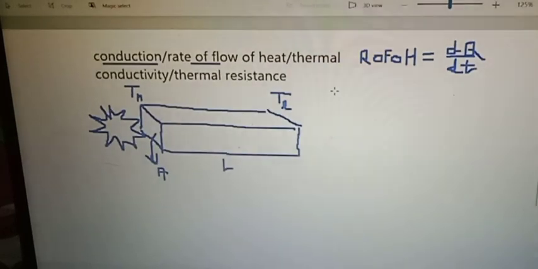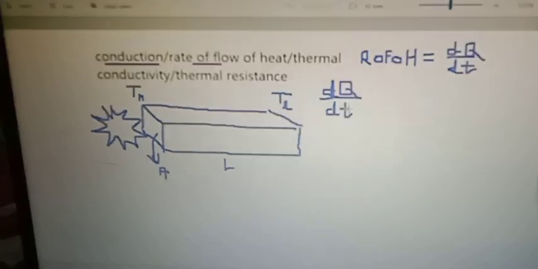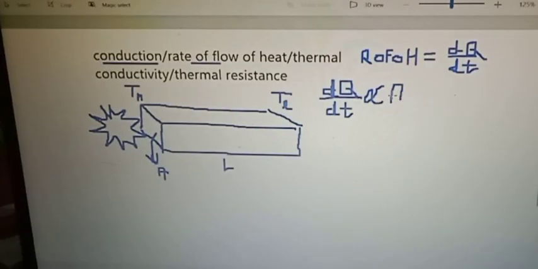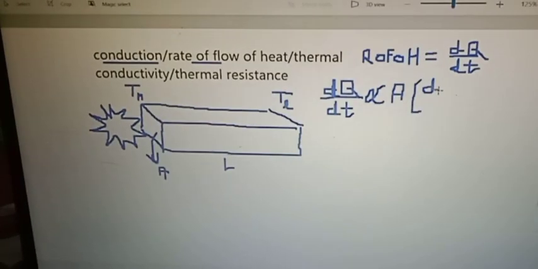And area of cross section of the bar is A. So across this area of cross section, heat energy will flow, and this rate of flow of heat is directly proportional to area. Means the larger the area, the greater the heat flow.